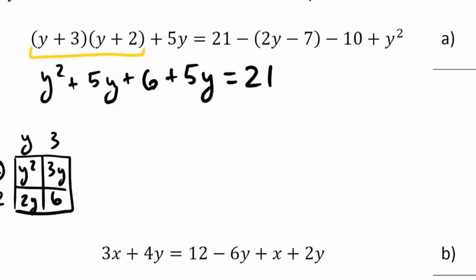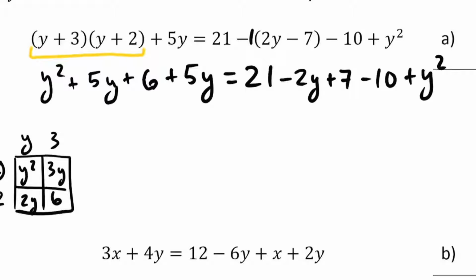And I'm going to distribute this negative across the parentheses, right? Because I'm taking the opposite of something, I'm essentially multiplying this by -1. So what happens when I distribute that is I'm going to get a negative 2y and then a positive 7. And then also there is a negative 10 and then a positive y squared.